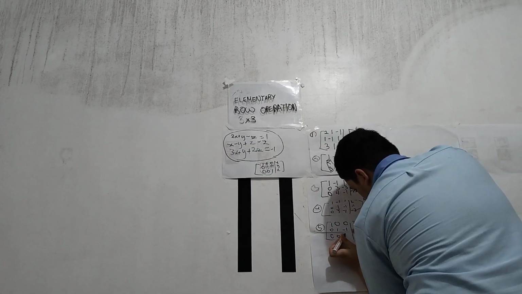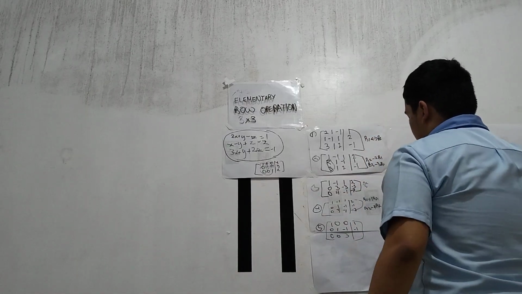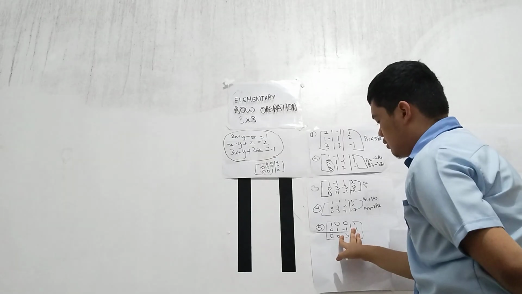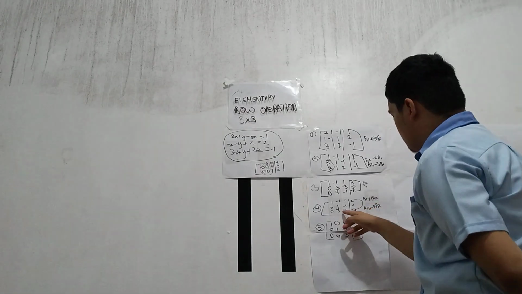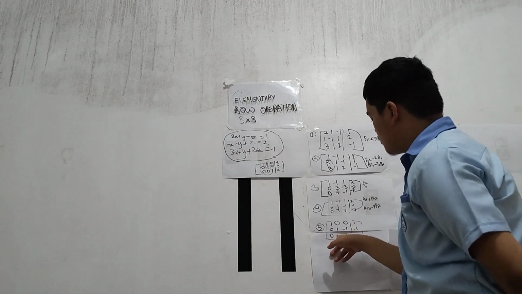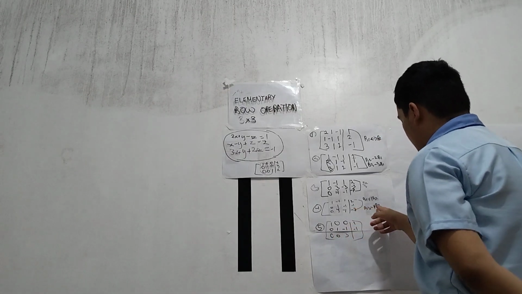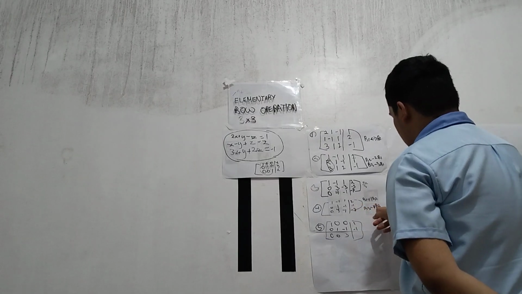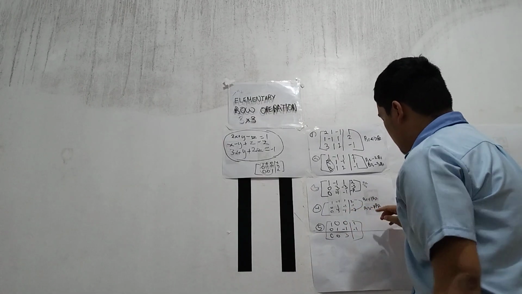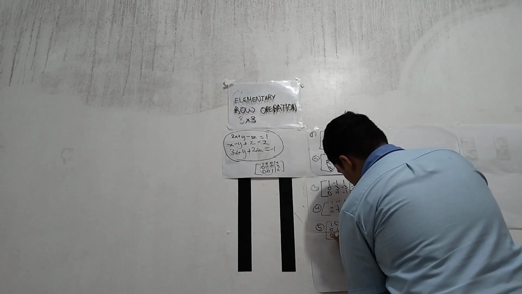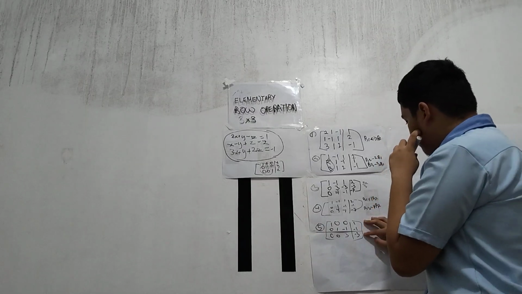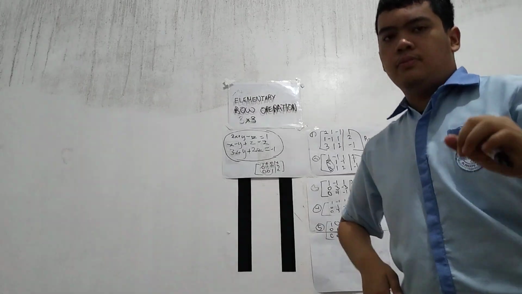We have 3 there. You have 3 right there. Negative 1 minus negative 4 is 3. And 4 times negative 1 is negative 4, negative 7 plus 4 is negative 3. We need to pause right there.